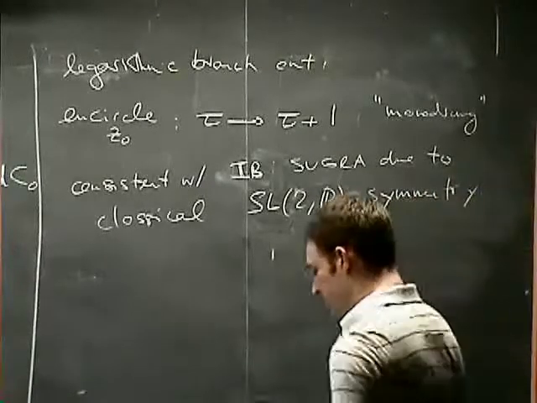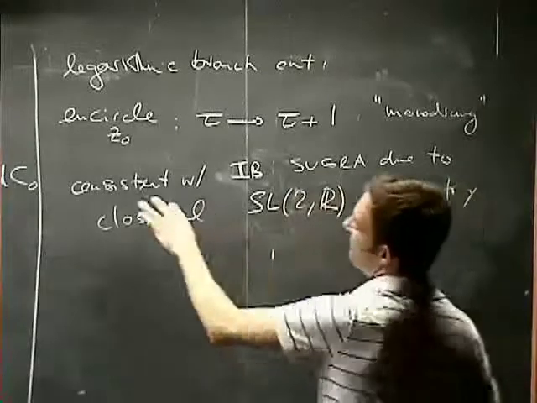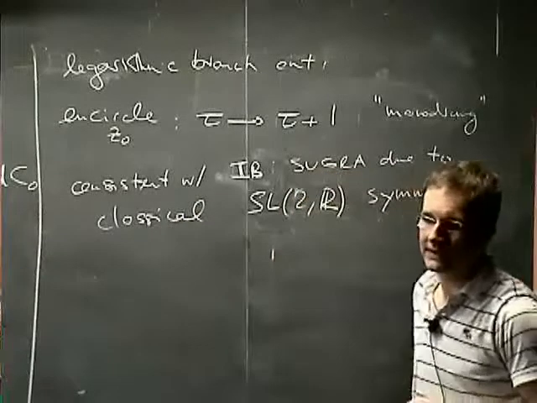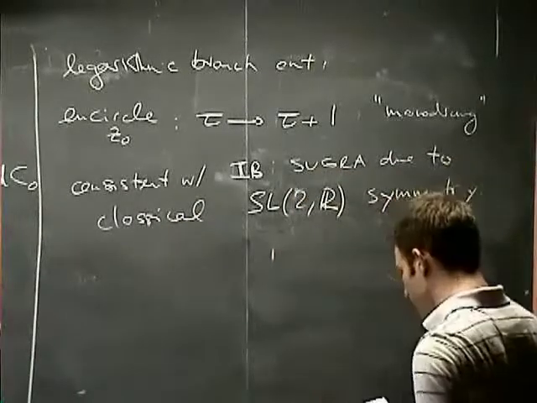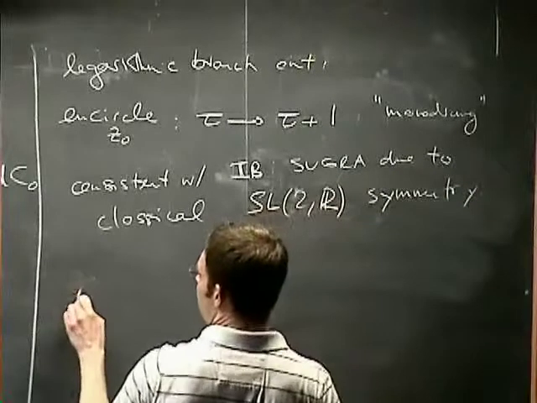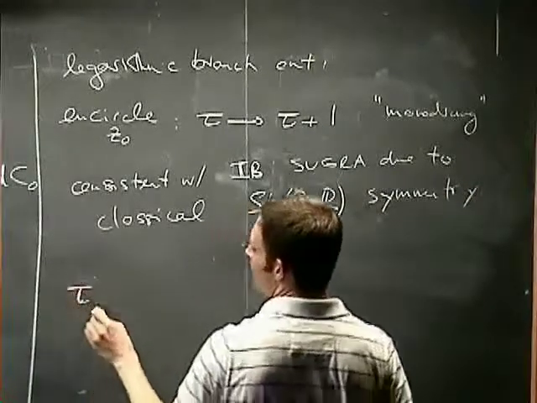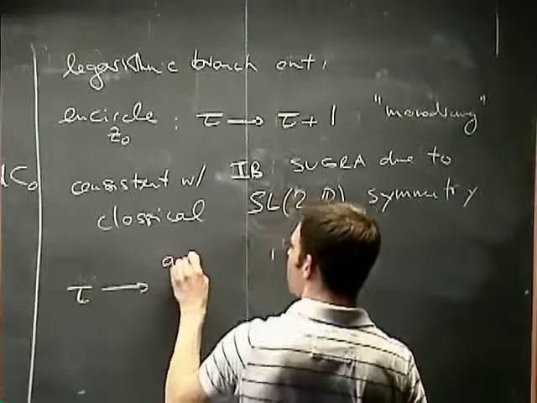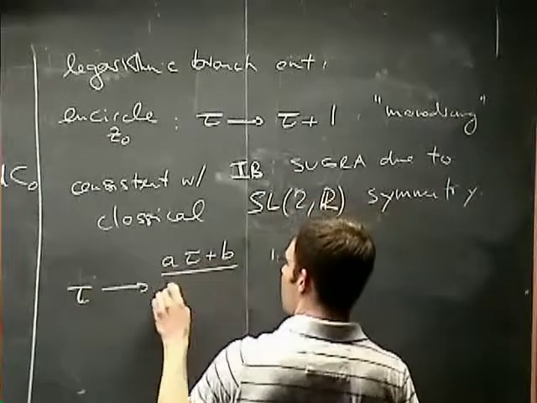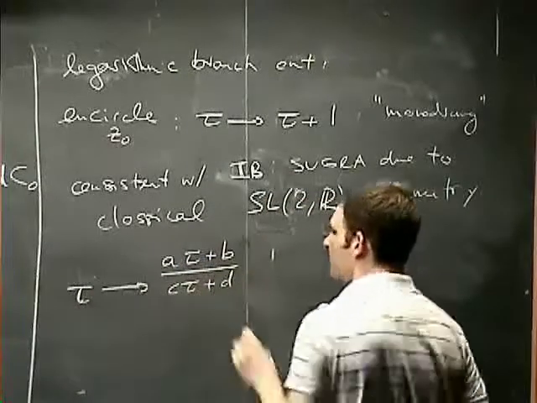So let's review this very quickly. If one takes the supergravity in 10 dimensions, in, say, Einstein frame preferably, then one sees that this action is symmetric under the transformation tau goes to (A tau plus B) over (C tau plus D).